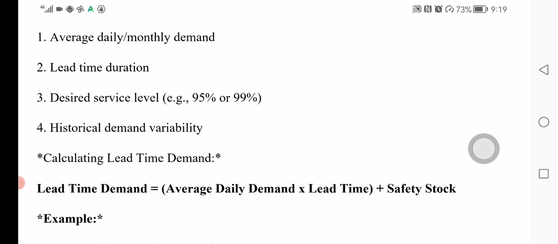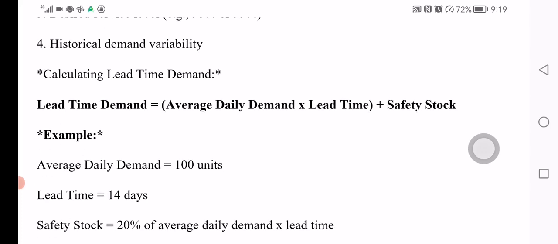And you have to decide lead time demand based on the desired service level. Like if you want to provide superior service to your customer, then your desired service level will be increased. It means that lead time demand will also be increased. You will have to hold a maximum number of stock in your warehouse.